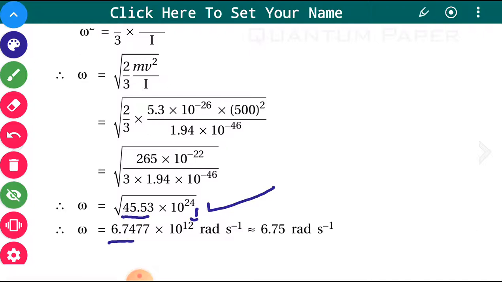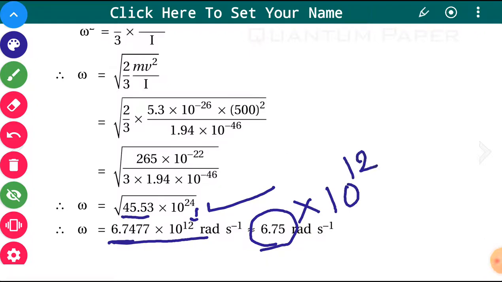So we can say that omega is 6.7477 into 10 to the power 12 radian per second. Here, 6.75 into 10 to the power 12 radian per second it should be.